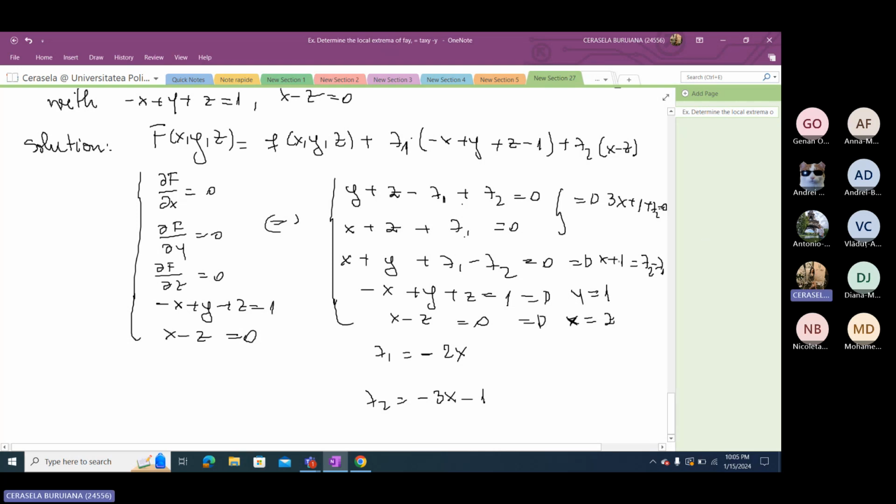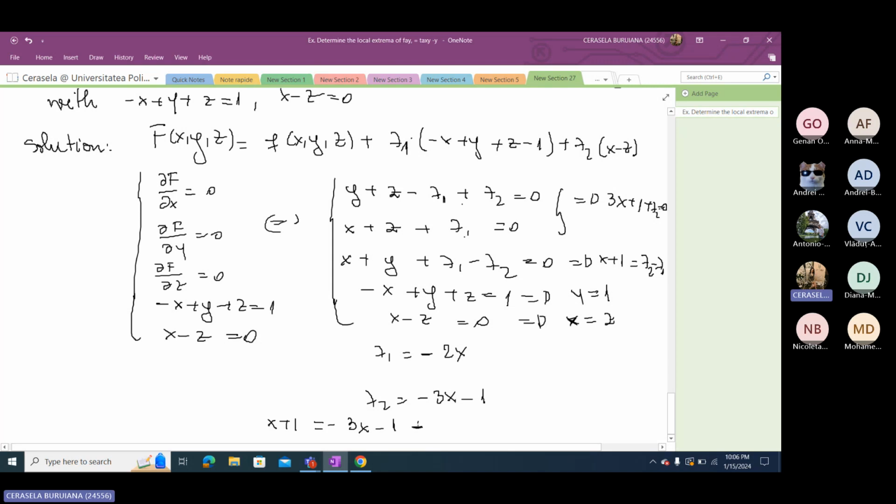If I go here, so x plus 1, I know that's lambda 2 minus lambda 1. So x plus 1, for lambda 2 I put minus 3x minus 1, minus lambda 1, but lambda 1 is minus 2x.